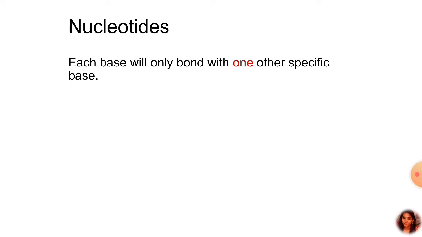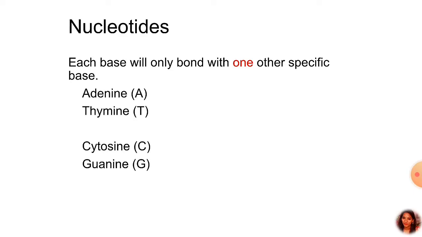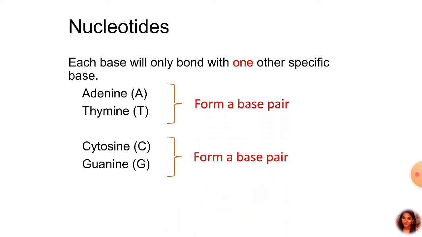Here, each base will only bond with one other specific base: A for adenine with T for thymine. So only adenine can bind with thymine. Then cytosine, that is C, and G for guanine. These both can bond with one another, so they form a base pair together.